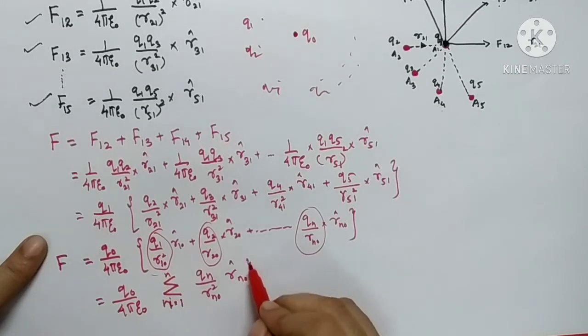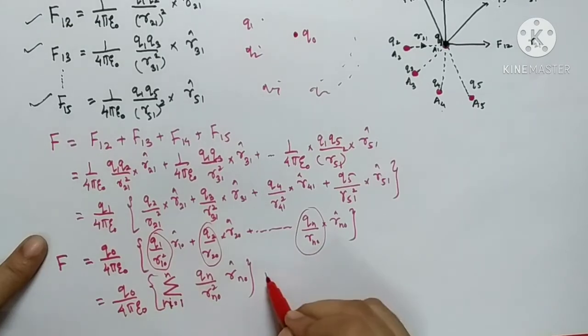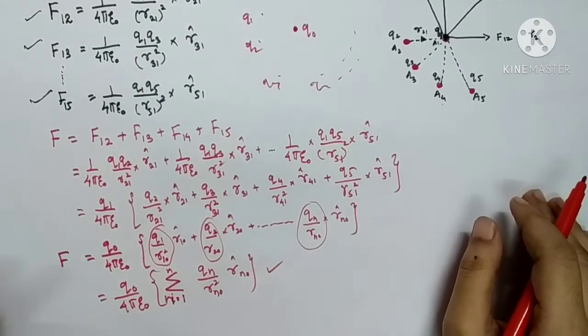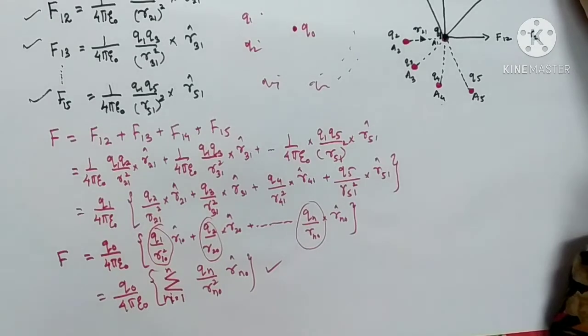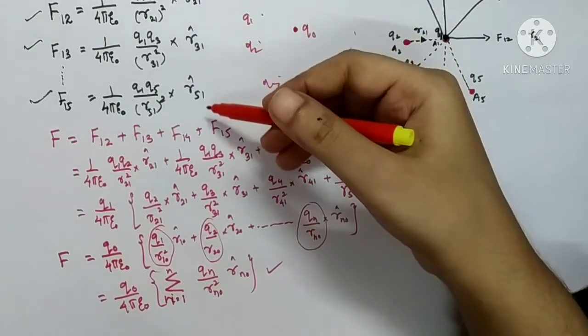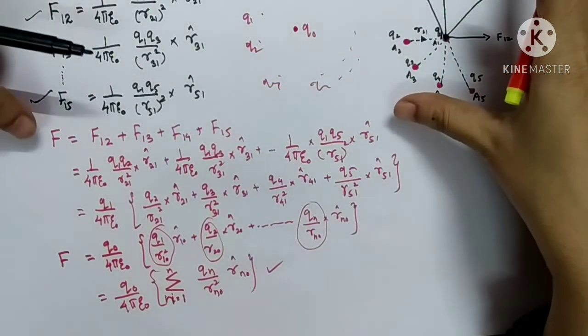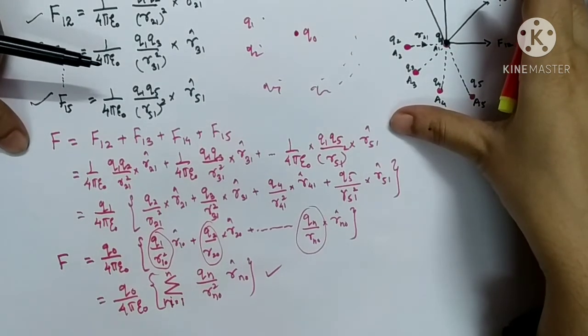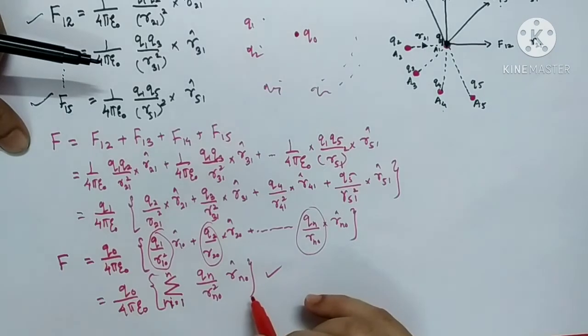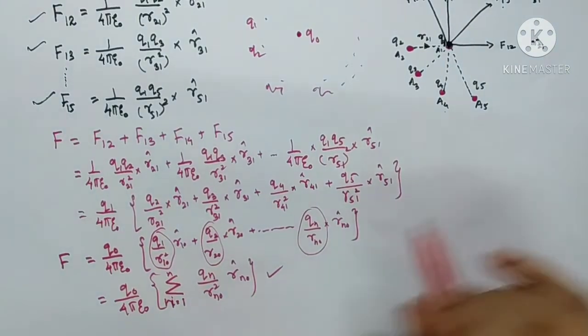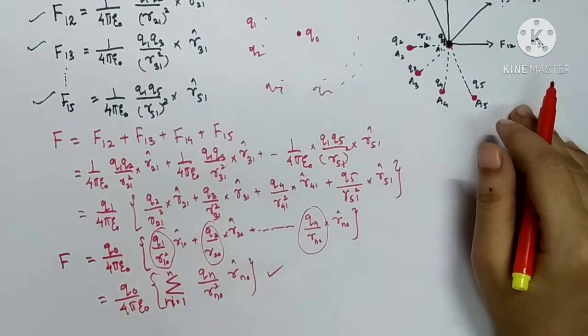So I can replace this entire term by just this summation sign. So this is the superposition principle. I have reduced the forces exerted by the other charges into such a small equation of the force. This is called superposition of forces.